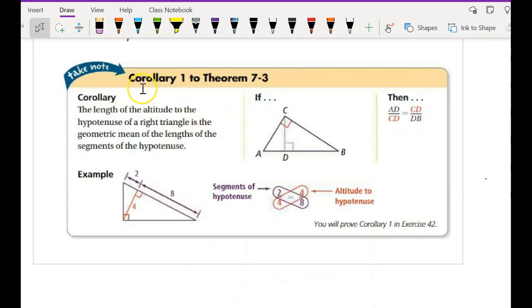Okay, so let's take a look at this corollary to Theorem 7.3. The length of the altitude to the hypotenuse of a right triangle is the geometric mean of the lengths of the segments of the hypotenuse. Now let's look more in depth, because if you're like me, that doesn't mean a whole lot to you. So let's look at what they've got in the example.